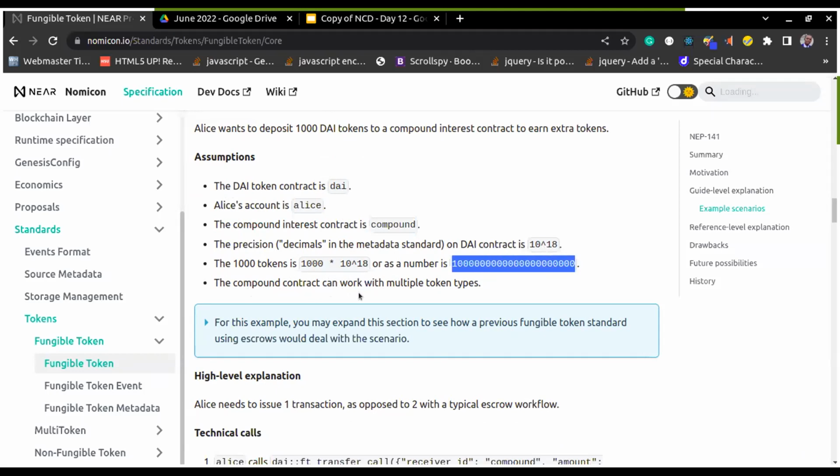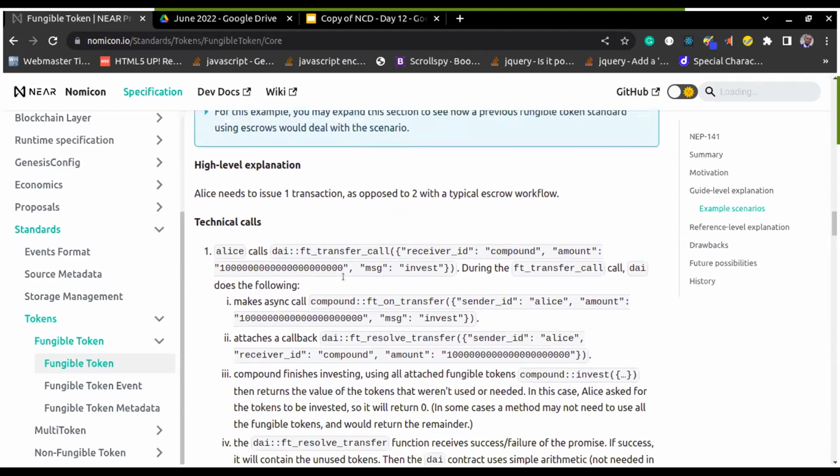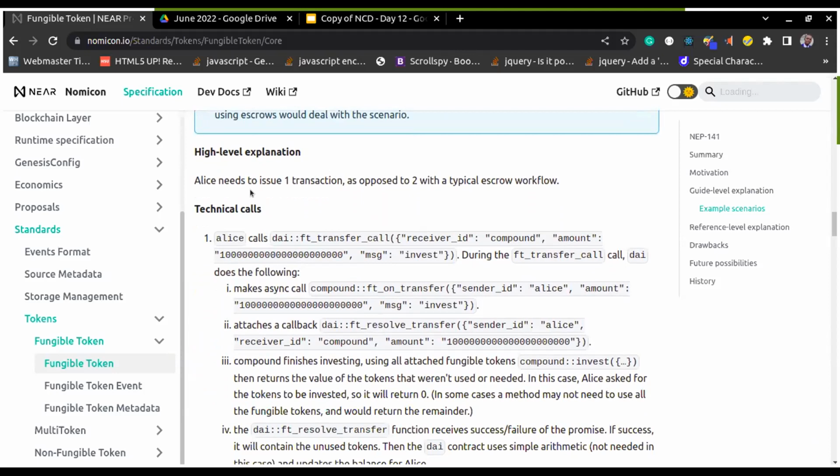So the compound contract can work with multiple token types. And again, you can look at further information on how that is actually implemented. So a high-level explanation would be Alice needs to issue one transaction as opposed to 2 with a typical escrow workflow.